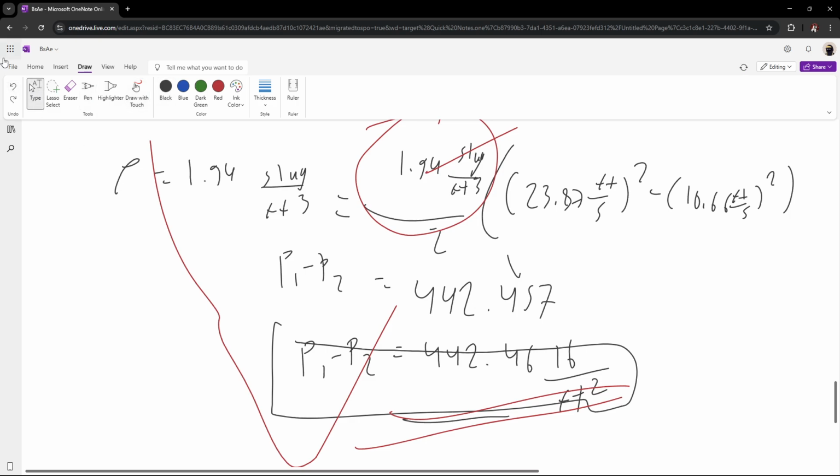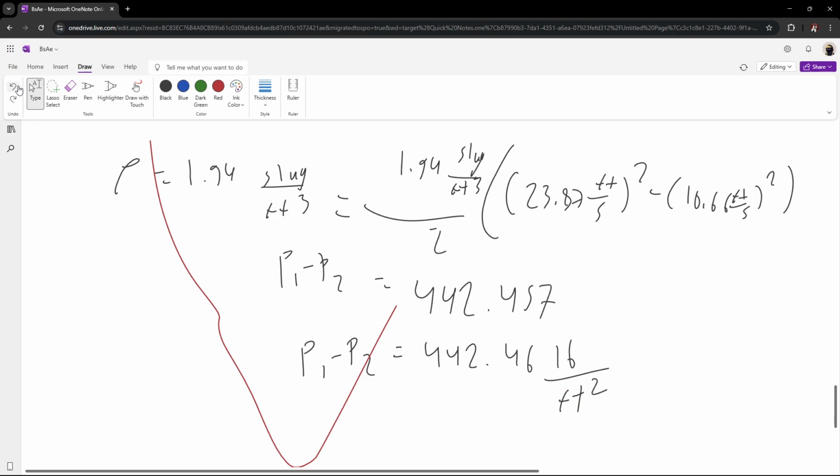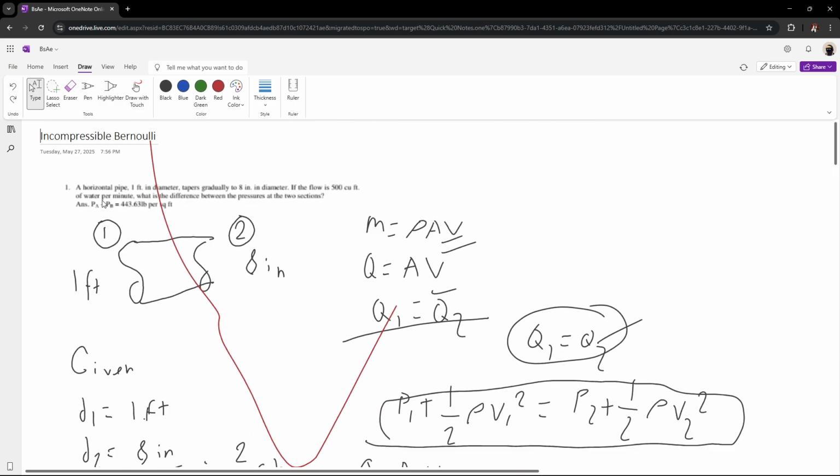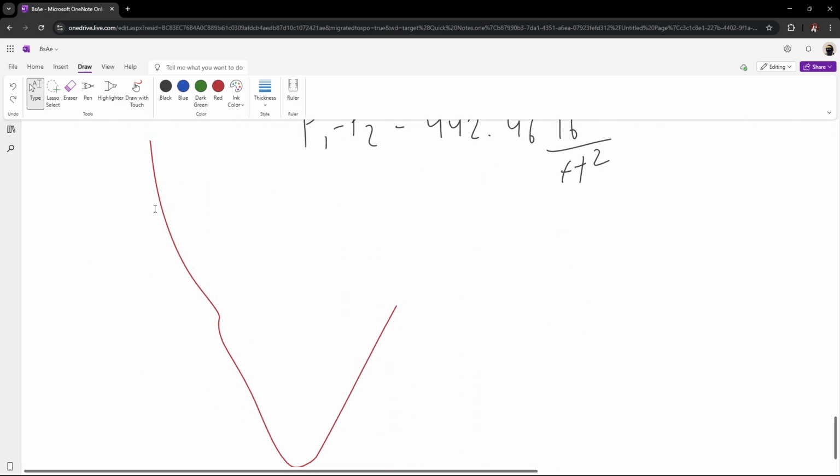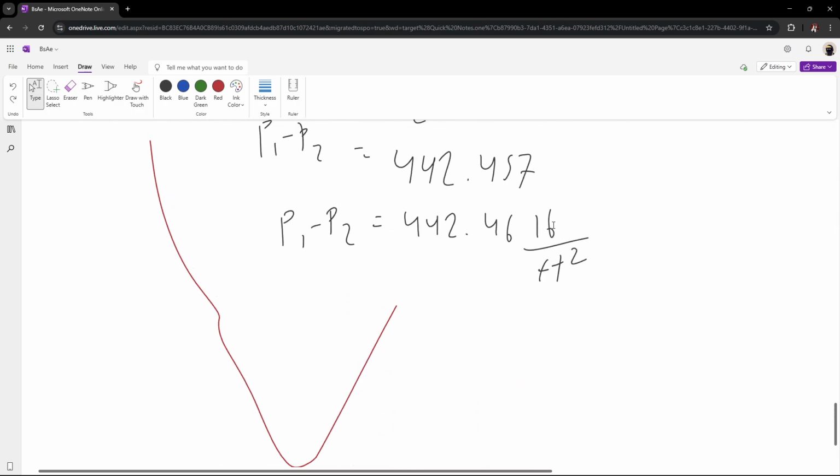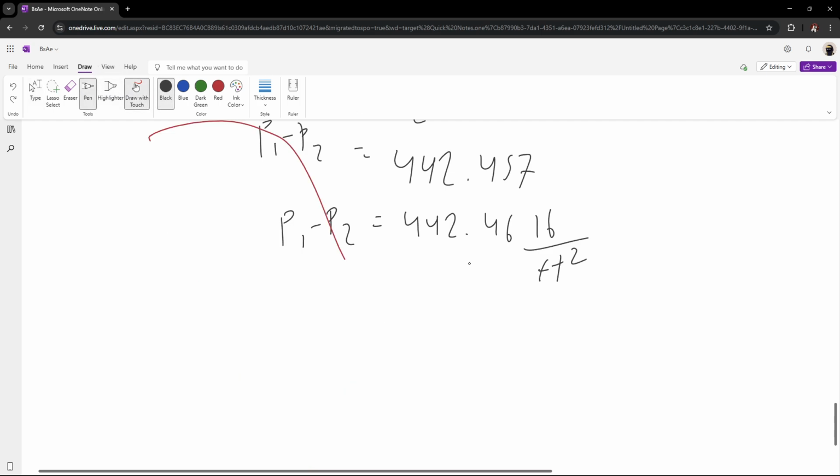But for this question, I guess they used a higher slug value. So they got 443.63 compared to the 442.46. But all in all, that's how you get this answer.